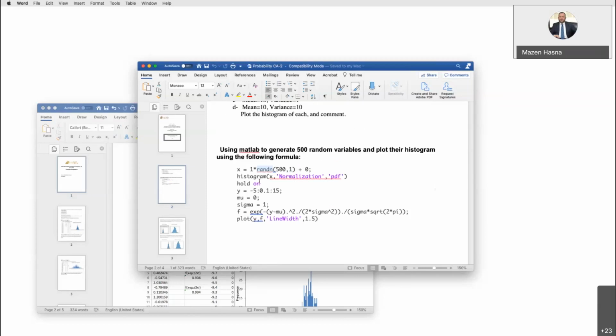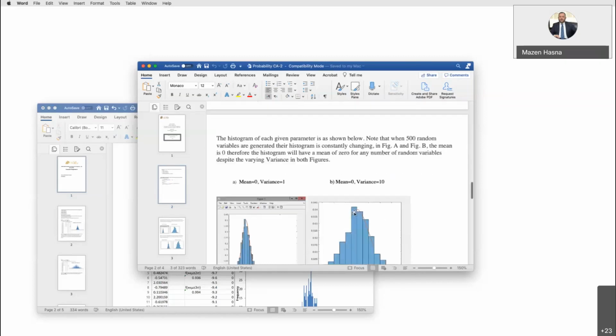And then just a histogram of x with normalization, and the x-axis label is normalization and the y-axis is PDF, and this is the range that he's using. And then he's writing down the equation for the normal distribution so that you plot it on top of the histogram to check that what you did is right or wrong, and this is what you will get.